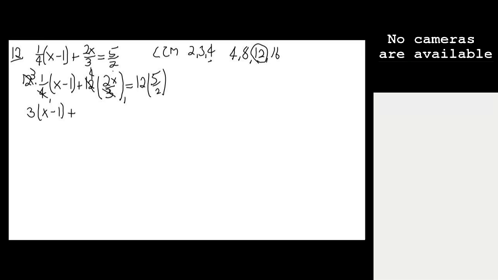And negative times negative is plus, so that's going to give me plus 40. And 3 times 19 is 57. So one way to do that quickly would be to multiply 20 by 3, which is 60, and take away 3, because 19 is 1 less than 20, so we take away 3 times.